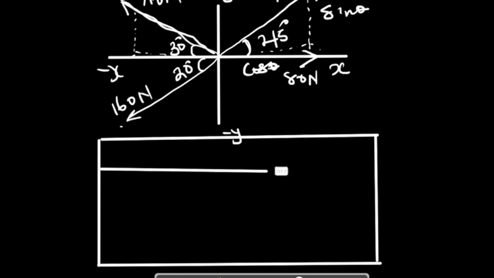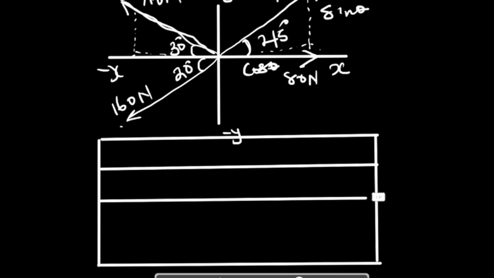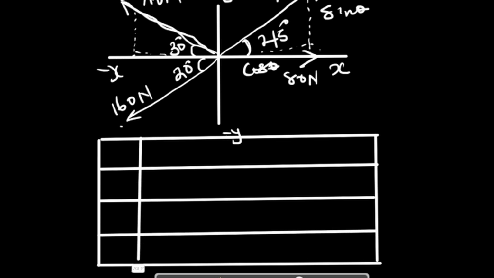This is the first one. This is the second. Here is the third and fourth. Then I'm also going to draw a vertical line for the forces and another line for the x and the y components. All right.